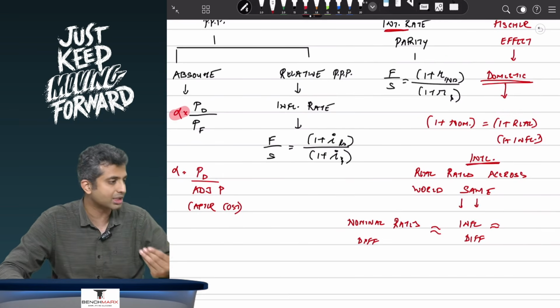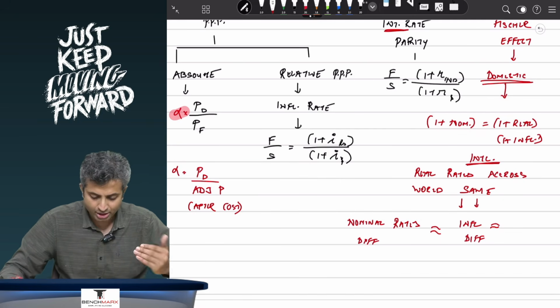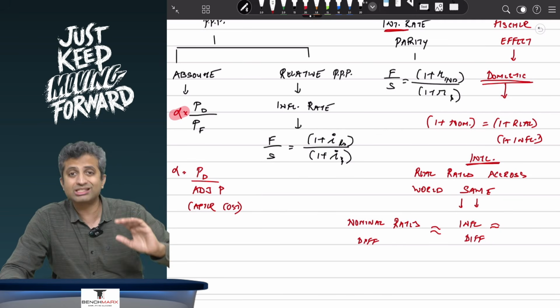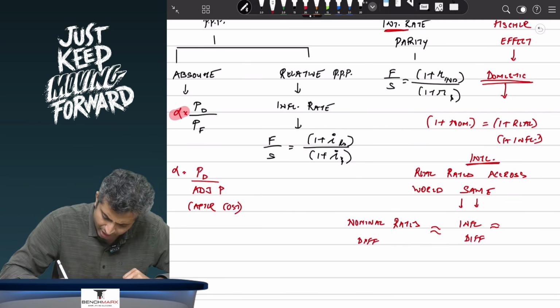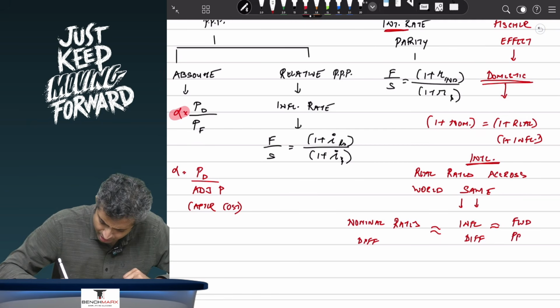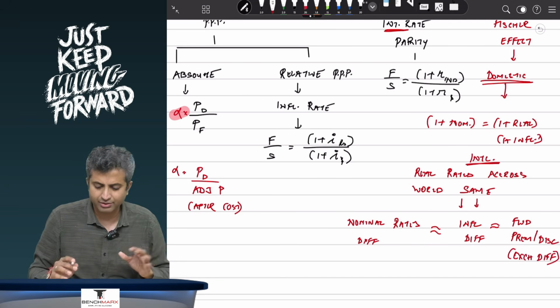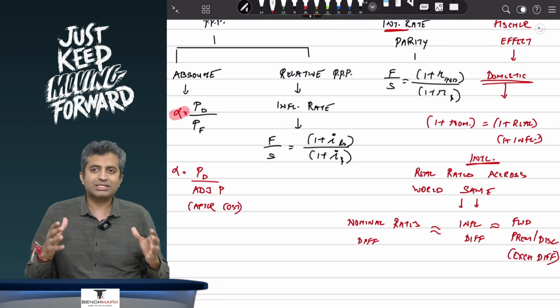So like a forward discount or premium that you calculate over here, we say that one currency is at a premium as compared to the other currency because its inflation or interest rate is lower. So this is approximately equal to the forward premium or discount. So this is basically the exchange rate differential.